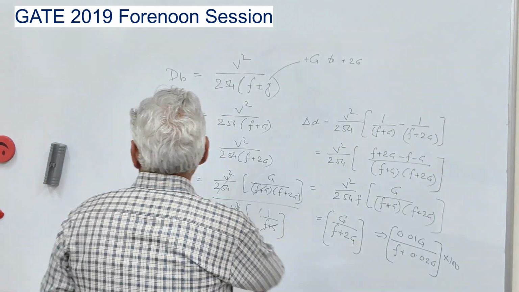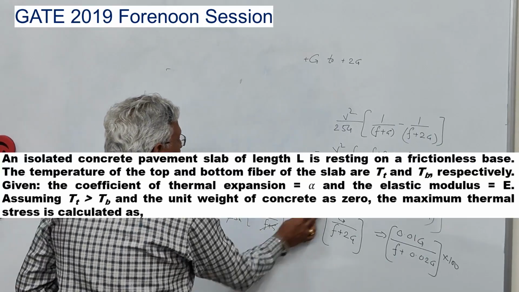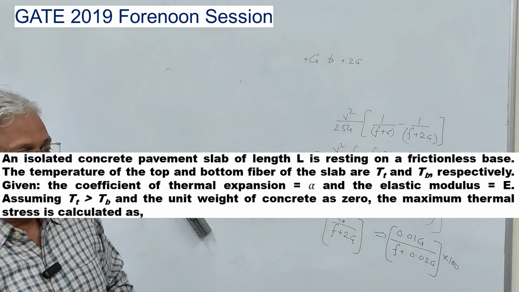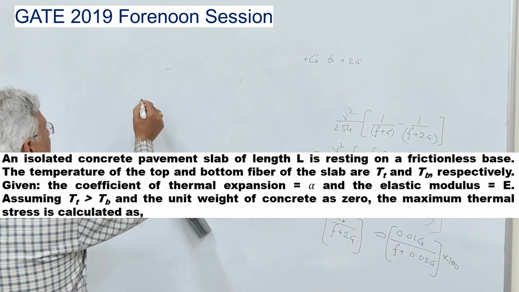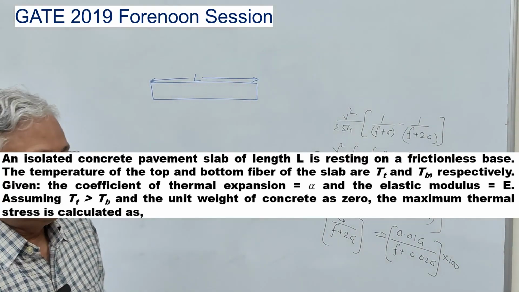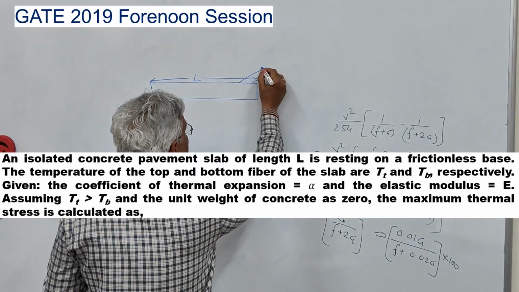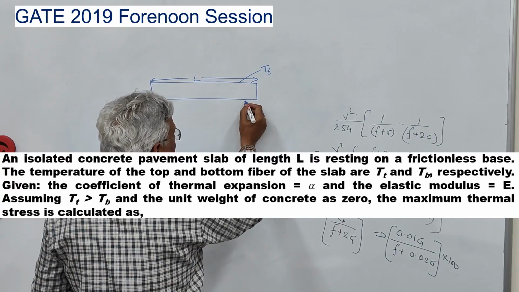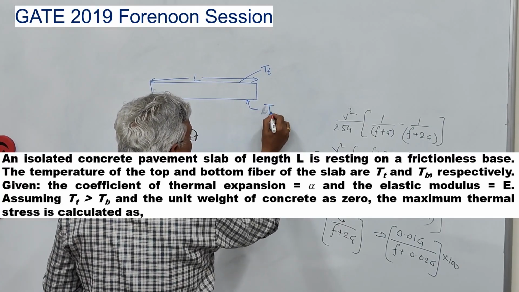Now, the second question is on concrete slab. It says that an isolated concrete pavement slab of length L is resting on a frictionless base. The temperature of the top fiber is Tt and of the bottom fiber is Tb.